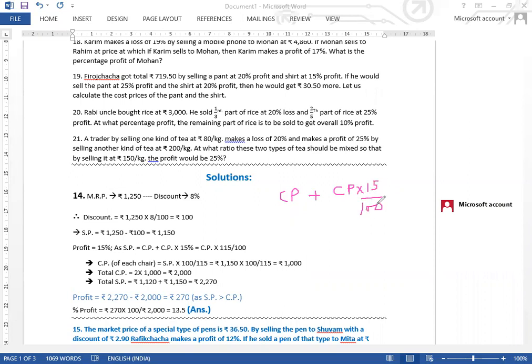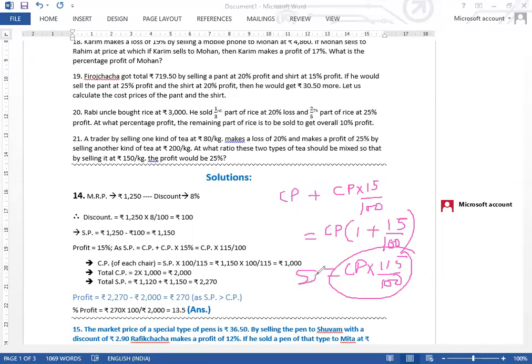So CP gets common. So it will be 1 plus 15 by 100. You may cancel 15 and 100 to make it smaller. So it will be CP into 115 by 100, where 100 is the LCM, 100 plus 15 is 115. So this is your SP.